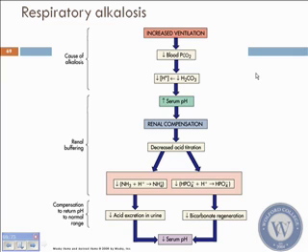The kidney will compensate over the next 6 hours by decreasing acid loss, so it leads to a decrease in hydrogen ion loss and an increase in bicarb loss in the urine.